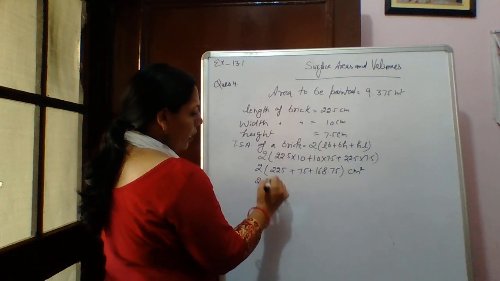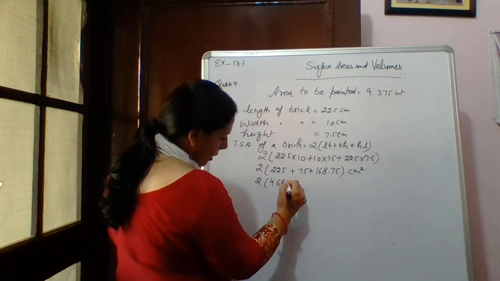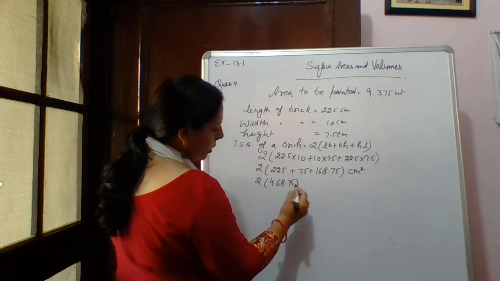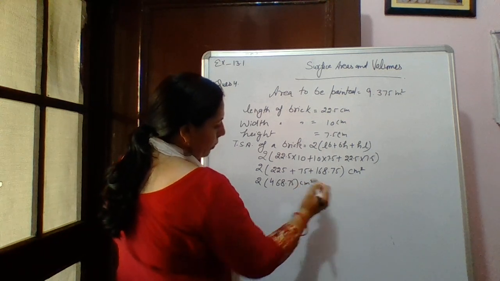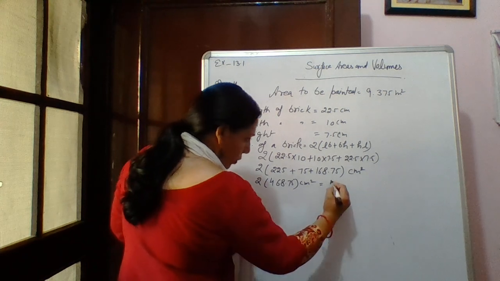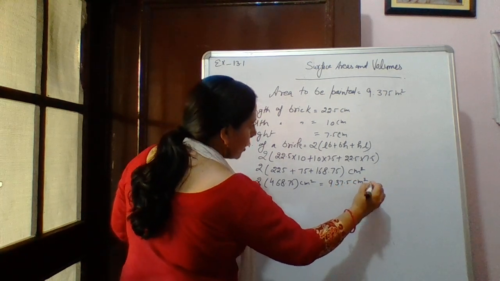Now you can add all these terms, and when you will add all these terms you will get 468.75 centimeters square. Now multiply this with this one, you will get 937.5 centimeters square.